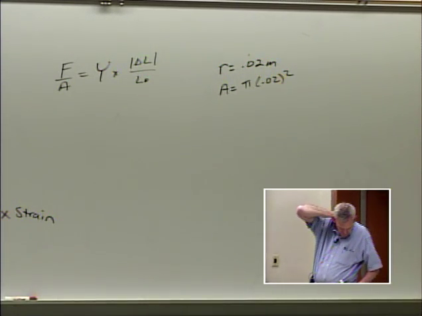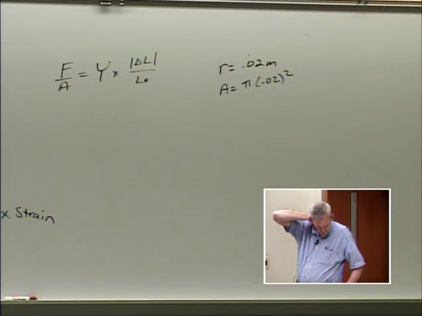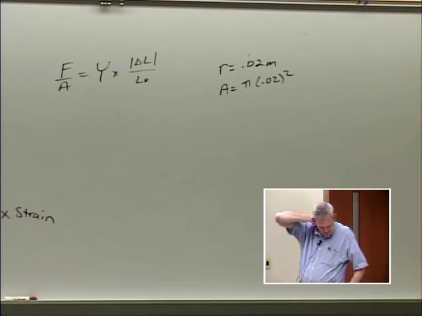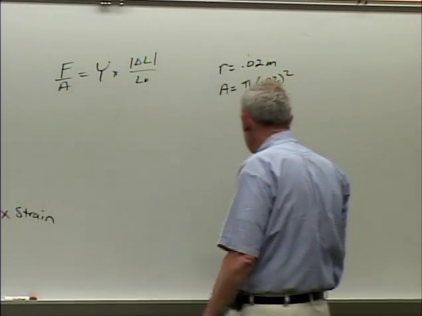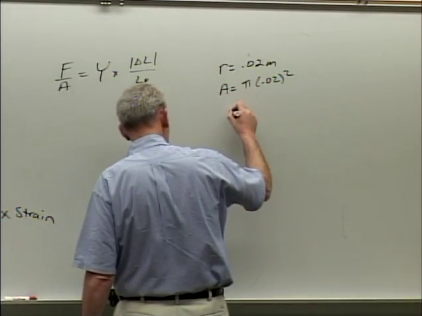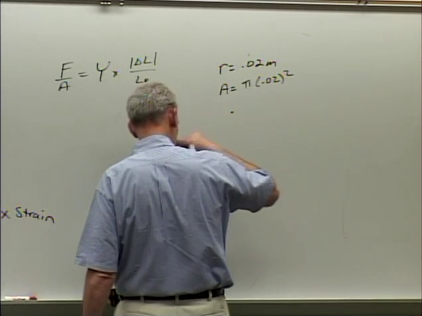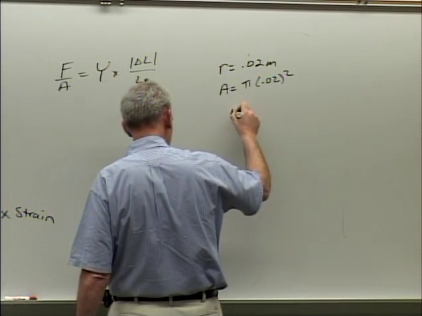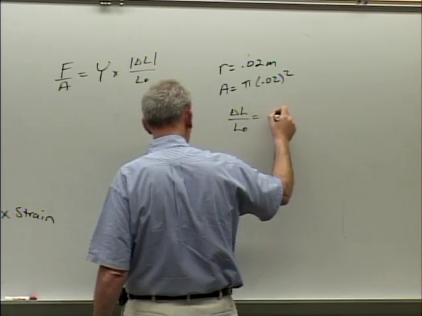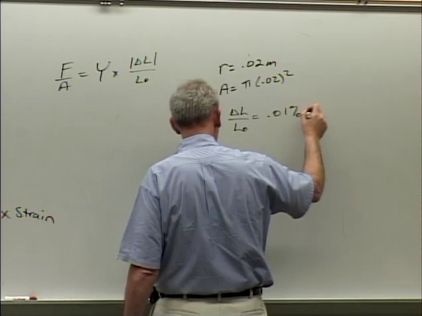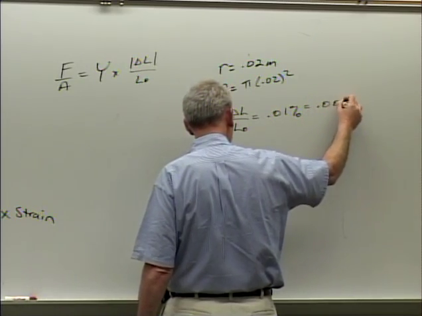We want to know how much force would be required to extend a patient's femur by 0.01%. All right, so we want to extend it. In other words, we want delta L over L naught to equal 0.01%, which equals 0.0001.